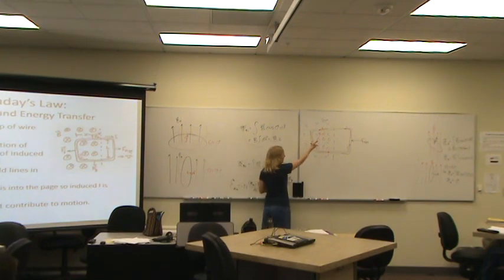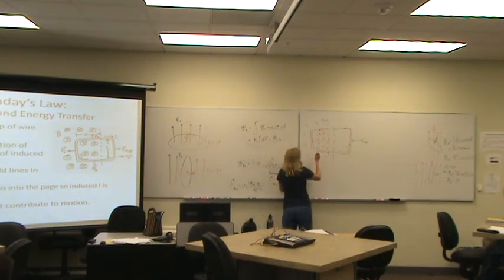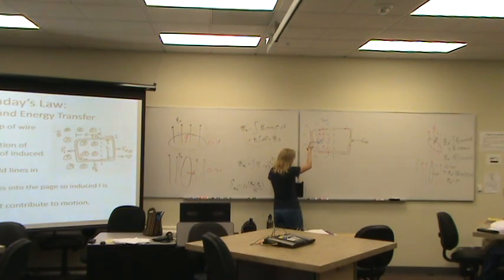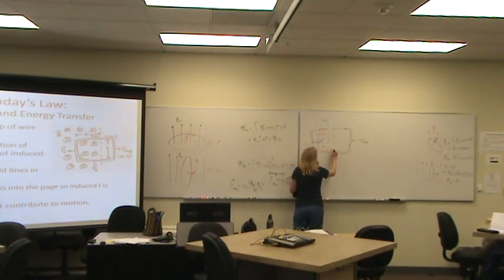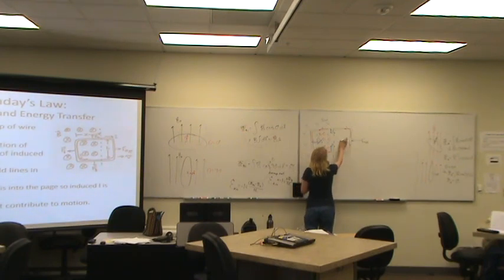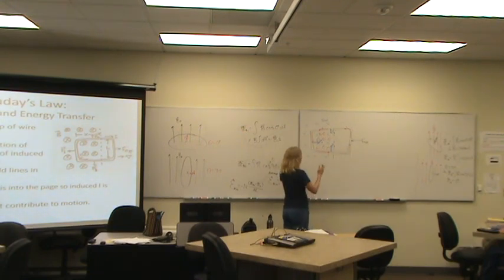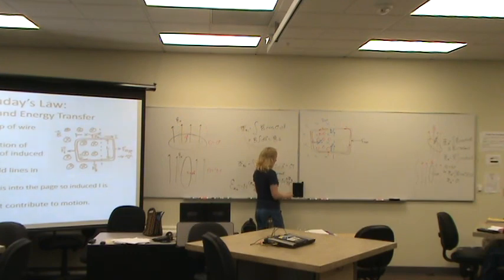On this section of wire, the current is down, the B field is into the board, so my force on that section of wire would be to the right. As I follow my current around, the force on this section of wire would be up. Up here would be down. And then again, we wouldn't have any force on that side because it's not in the external B field.